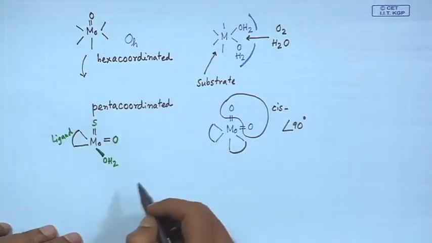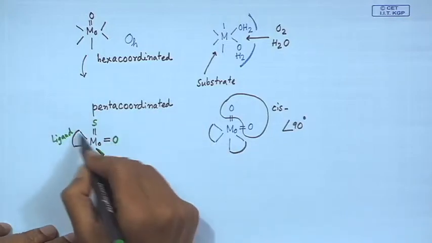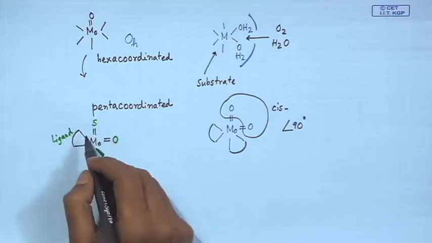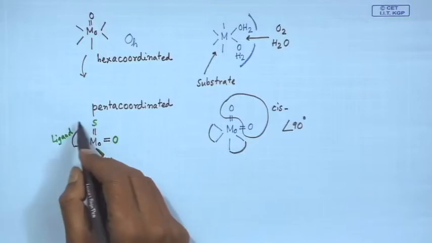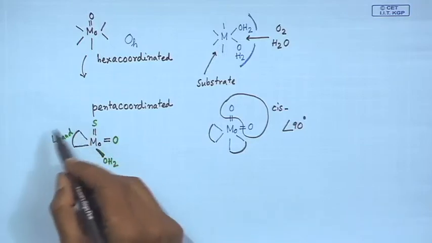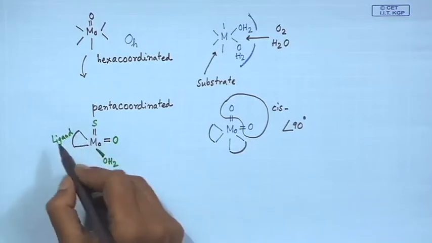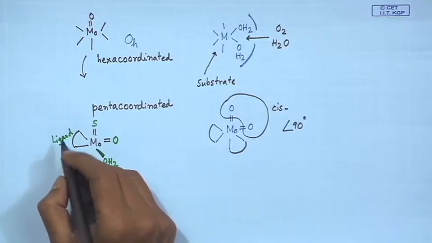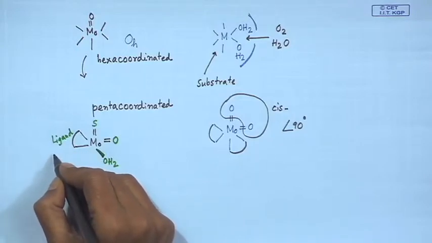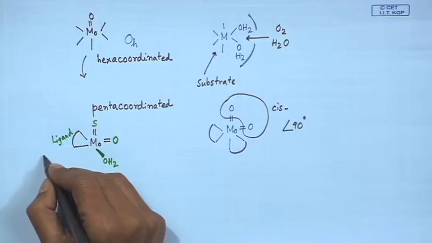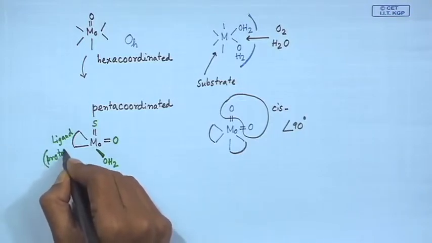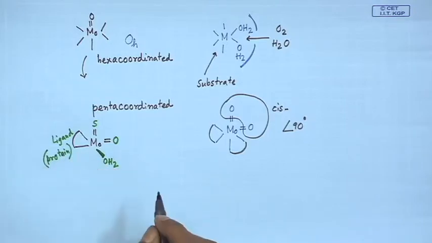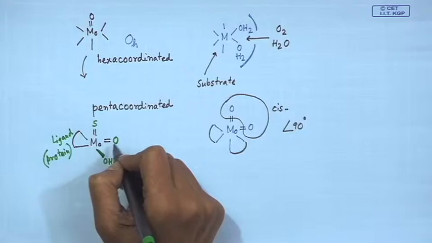So, we get a pentacoordinated species and only one side is occupied by the ligand. This can also come from the protein system, if we are talking about some biological ligand available for the molybdenum center in xanthine oxidase. So, this protein origin is there, and these two positions are occupied.